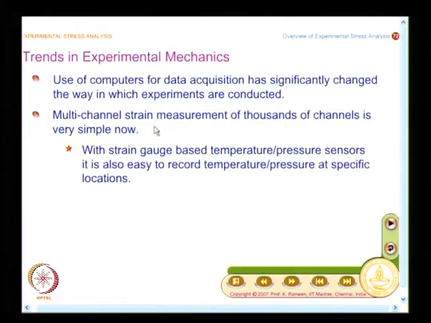And another advantage is it is not only you measure strain, you also need to measure temperature, you may also have to measure pressure in a system. So, with strain gauge based temperature and pressure sensors, it is also easy to record temperature and pressure at specific locations. So, you measure strain, you are also in a position to measure temperature, you are also in a position to measure pressure, and some of these will always come in a combination.